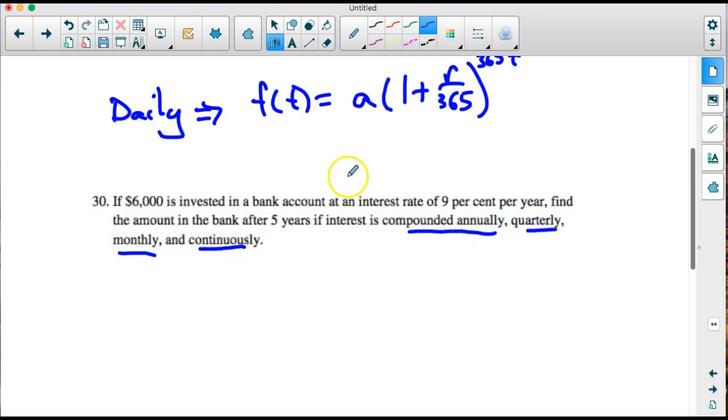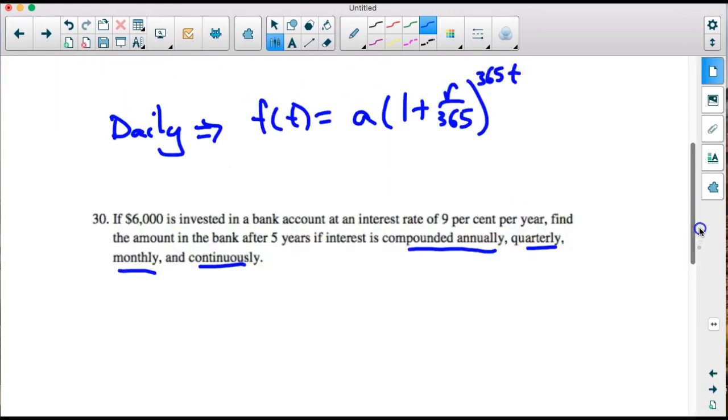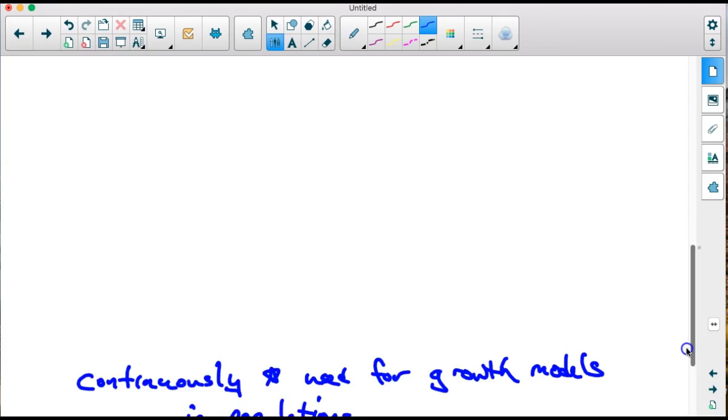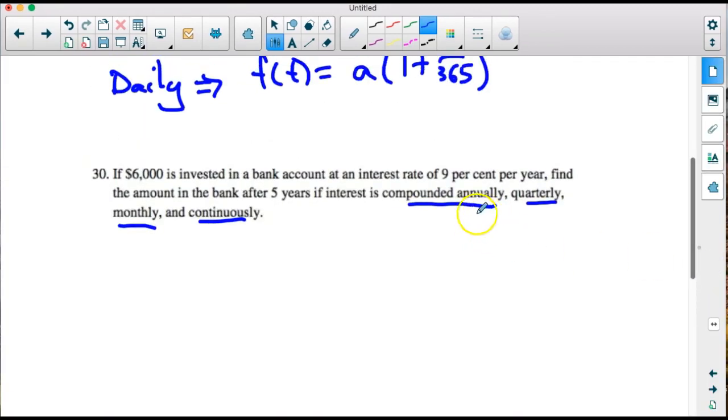Continuously is going to be where we have a different formula, so we'll do that one last. I'm going to write that below here, continuous model. We're going to do annually, quarterly, monthly first.